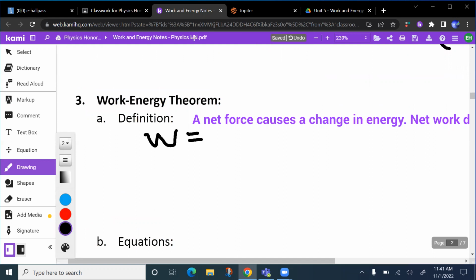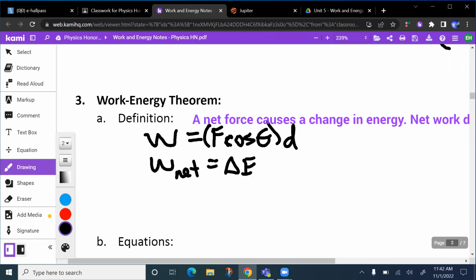Work basically equals the parallel component of force, which is F cosine theta, times distance. Now, the net work is equal to a change in energy. That's the work energy theorem.